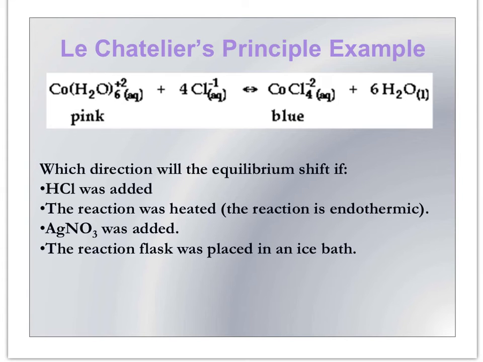So when we do get a shift in our equilibrium position, we'll be able to tell by looking at the colors. I wanted to do this as a demo for you, but obviously I'm not in class, so we'll just talk about it. This example asks, what if I add some HCl? At first glance, I don't see any HCl here, right?